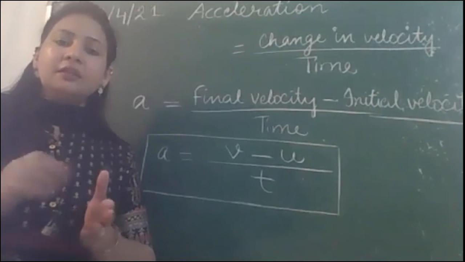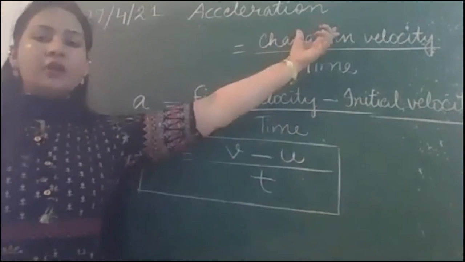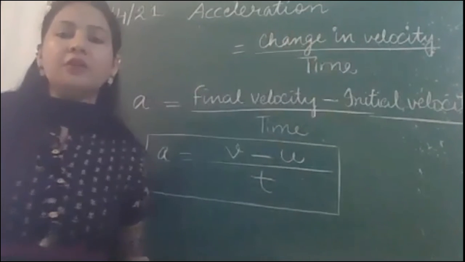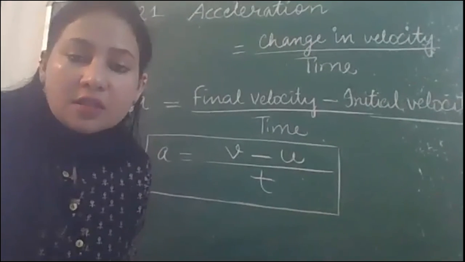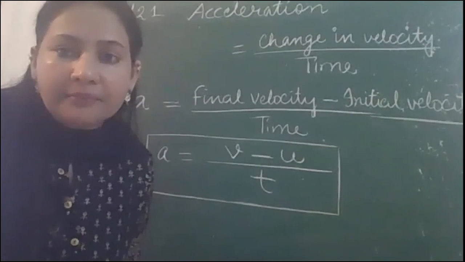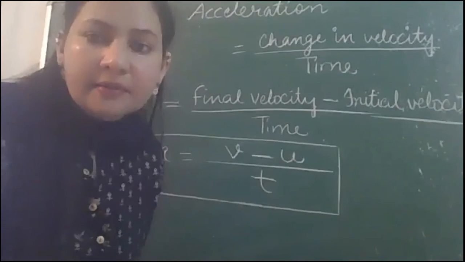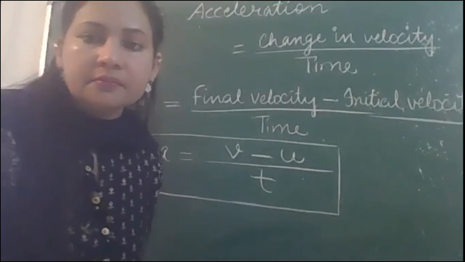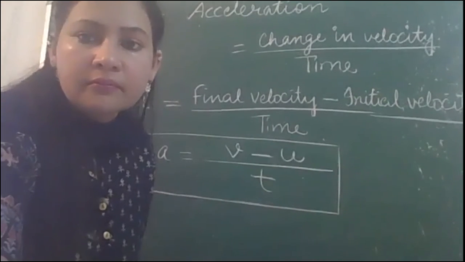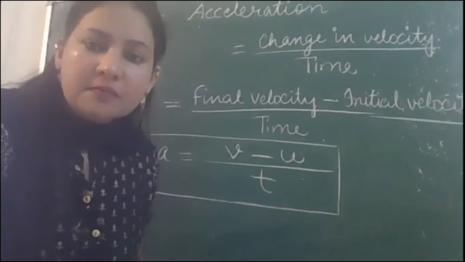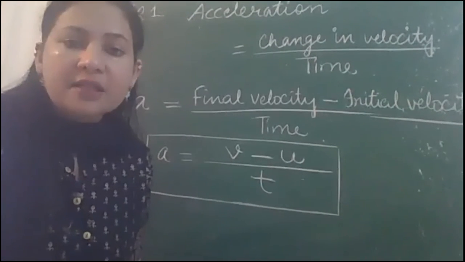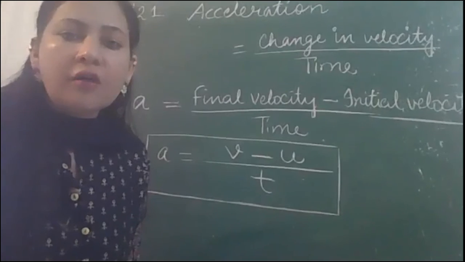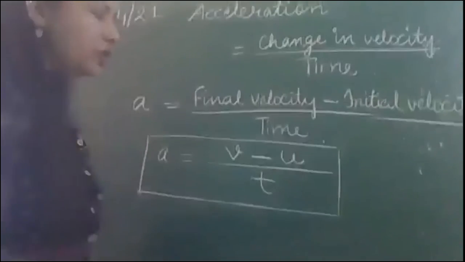Okay, we have already done the unit. It is unit of velocity over unit of time. Who will tell me the unit of acceleration? We have already done. Unit of velocity divided by the unit of time. Yes? Meter per second square. Yes, meter per second square. That is the unit of acceleration. So note it down.